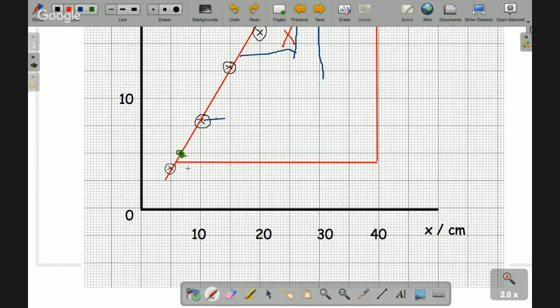So this point here looks like 6. If I'm going to say it's exactly 6, I really should be writing 6.0, you know. And on the y, that's 2.5 here.